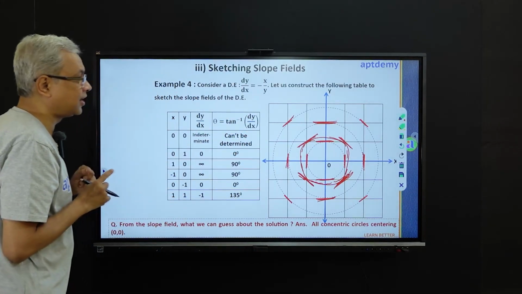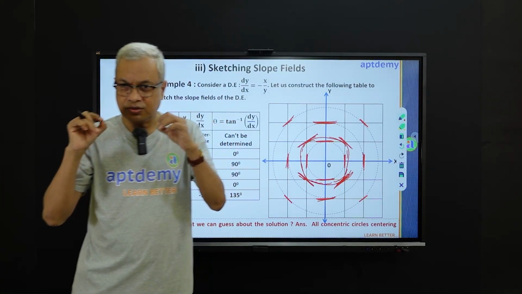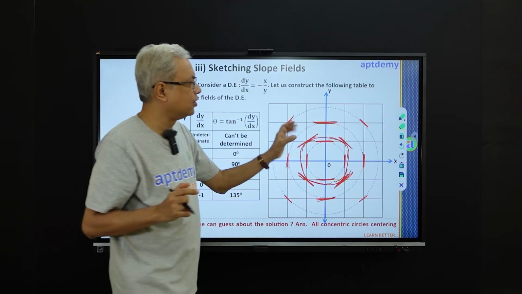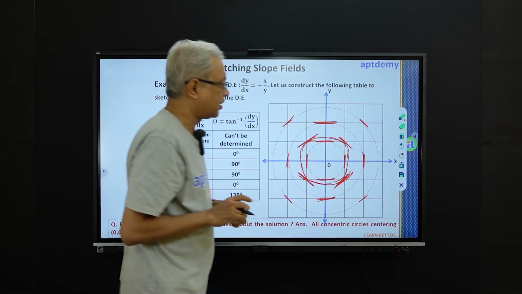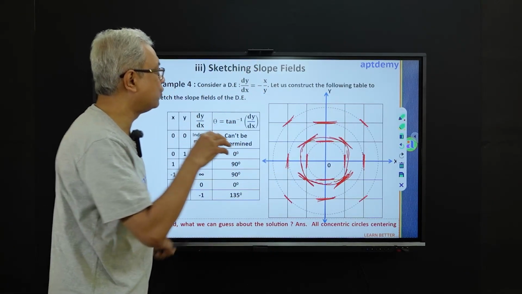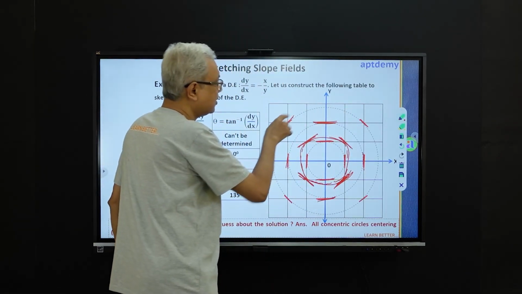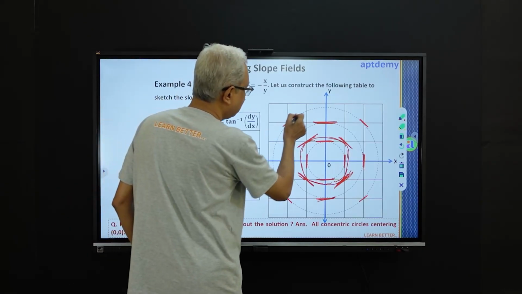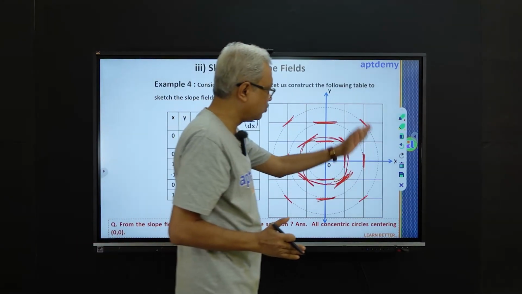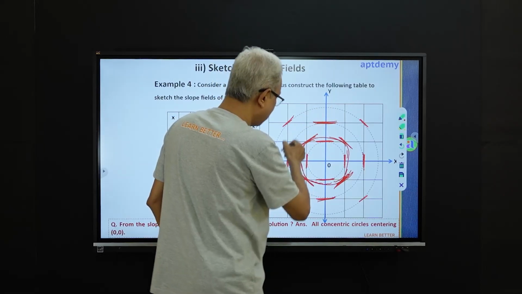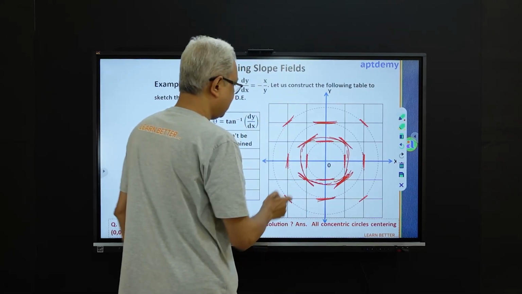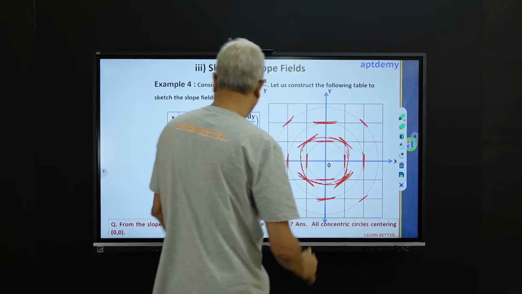So a deep inspection of the slope field plot indicates the solution will be like concentric circles. That means if you superimpose the dotted circles on the slope fields, these are the tangents to the solution, and only these dotted circles match with the tangents if it is a set of concentric circles.